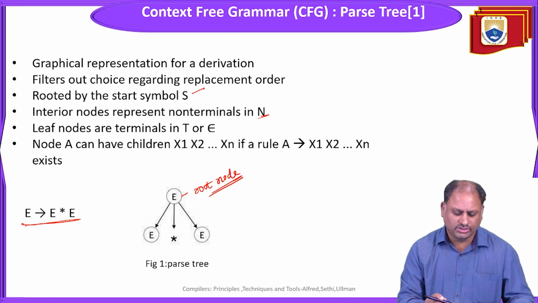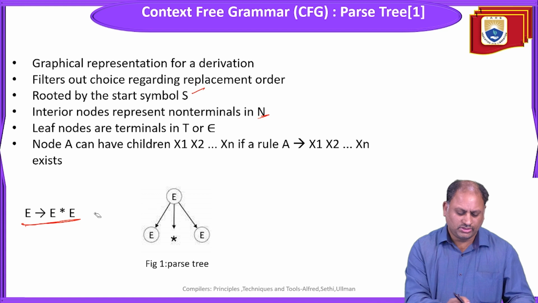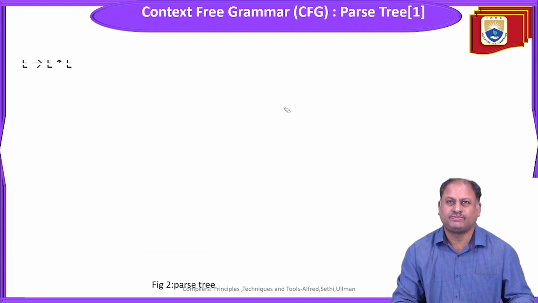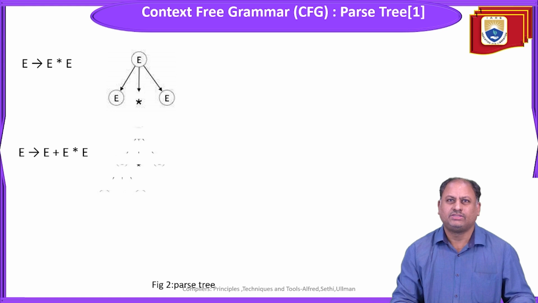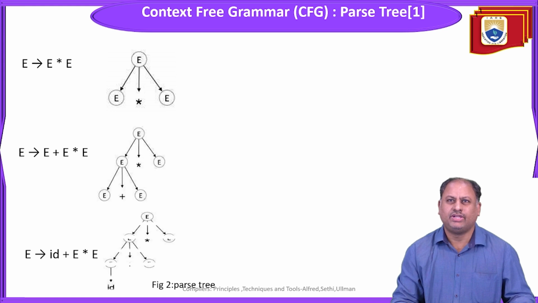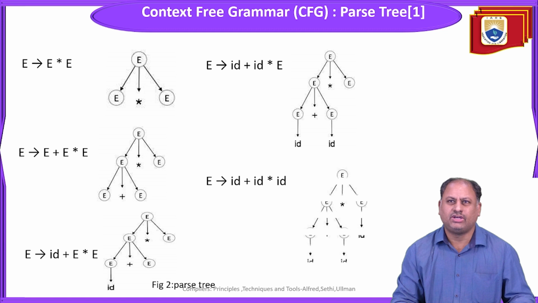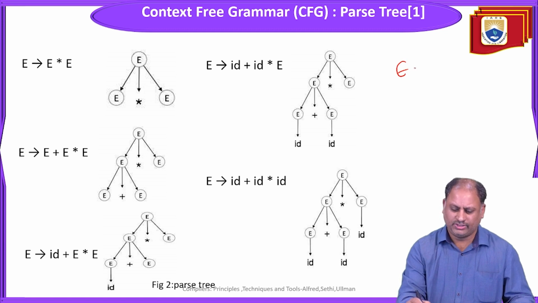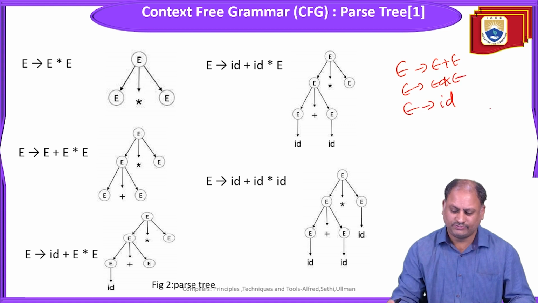Here we are going to describe this once again with an example of the derivations: E derives E star E, E derives E plus E, E derives E star E, and E derives ID.